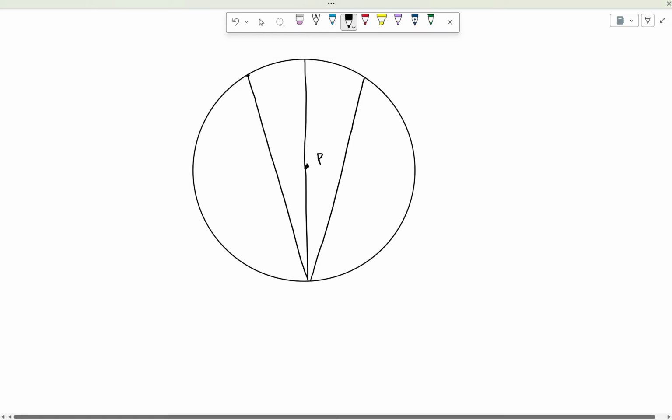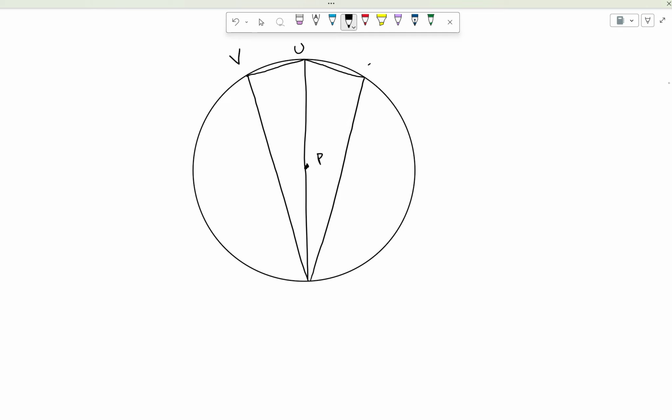I see there's a little chord right here for circle P. And these guys are V, U, S, and at the bottom we've got T.